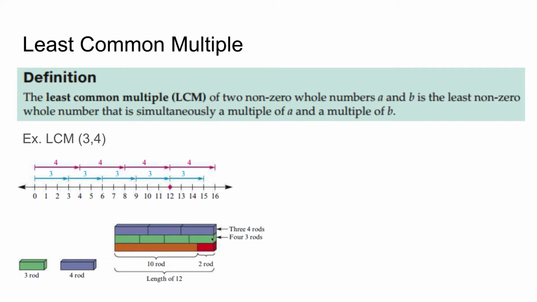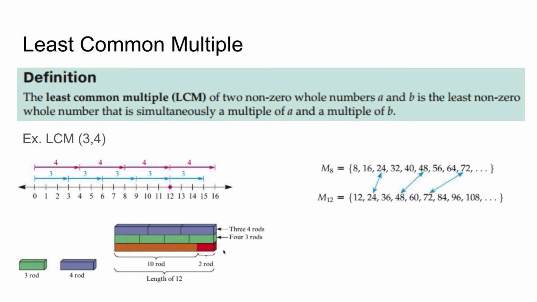So between purple and green, if you have 3 purple and 4 greens, you have exactly the same length there. That is the smallest rod you can use, and apparently that is 12, right? So that's how you can find the least common multiple.